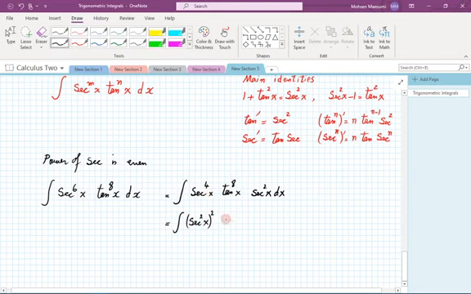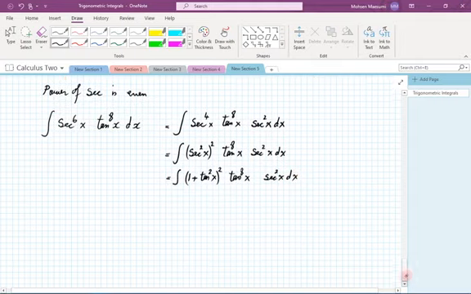The rest we just carry through. Now, secant squared can be converted to tangent: 1 plus tan squared of x, to whatever power applies, then tan to whatever exponent we have here, and then this is the derivative of tangent. That is the magic that makes it work.